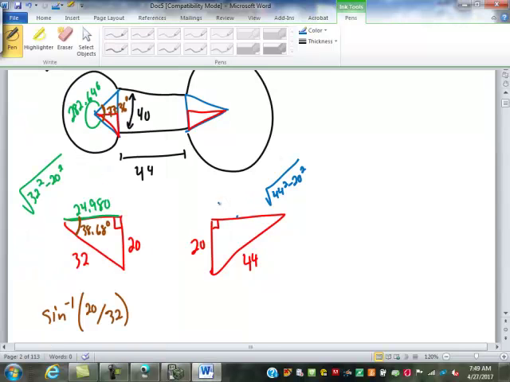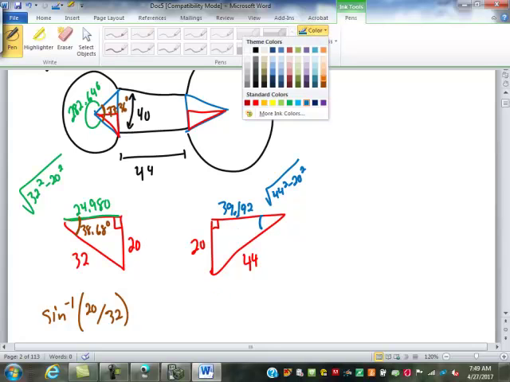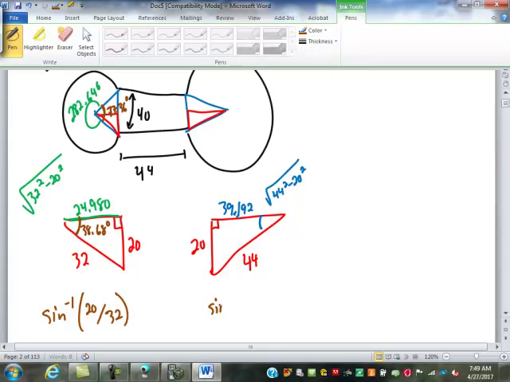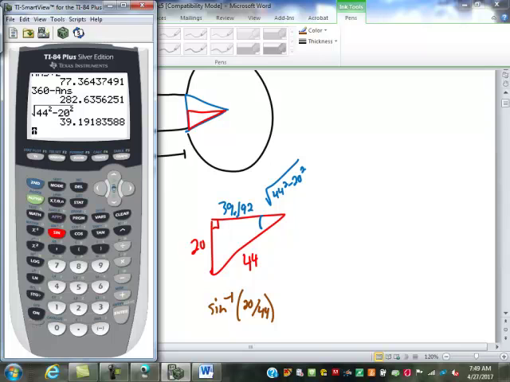39.192. Then this angle here is going to be the inverse sine of 20 over 44. 27.04 degrees.